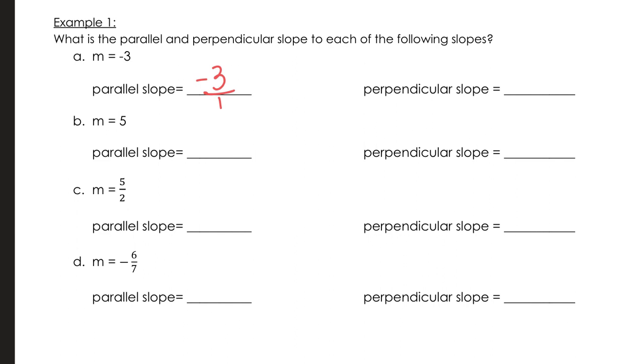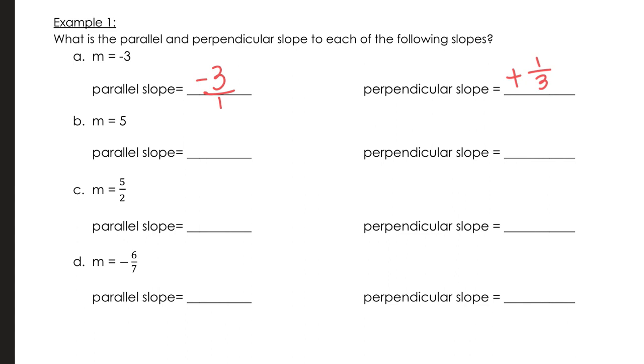For the perpendicular slope, we would have to do two things. Since it was a negative, I need to make it opposite and make it positive. And I need to flip the fraction. I need to do the reciprocal. It becomes 1 over 3. All right, our next slope is +5.